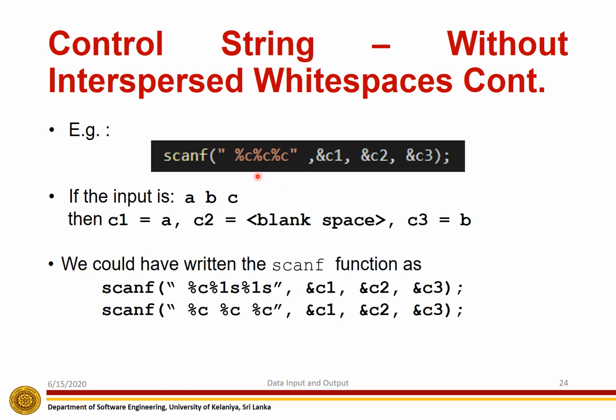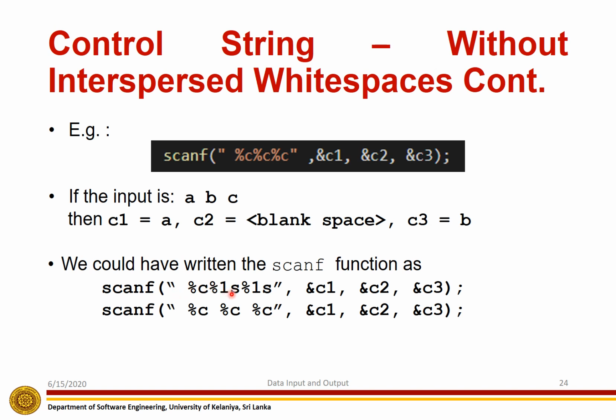So here you can see there are no white spaces in between in the control string. If we give the input as A space B space C, then white spaces are contained in the input. Then it gets c1 equal to A, c2 equal to a blank space, because this is a blank space, and c3 equal to B. If you want to assign A, B, C to c1, c2 and c3, you have to use the scanf function with %c, and you have to give the white space before it.